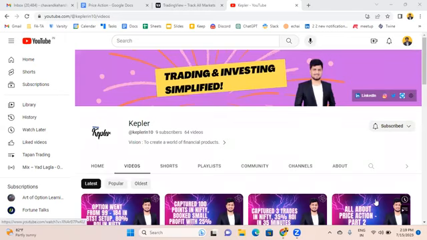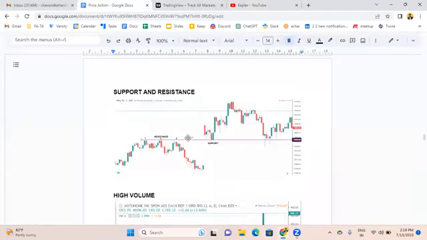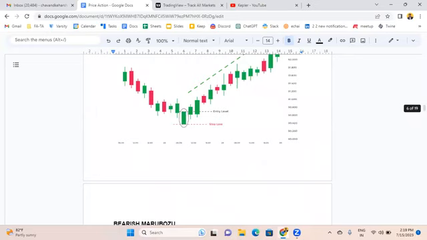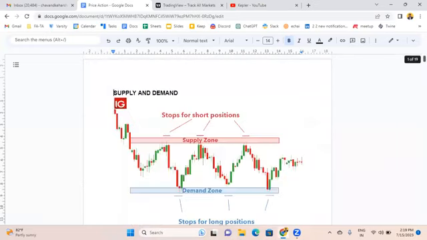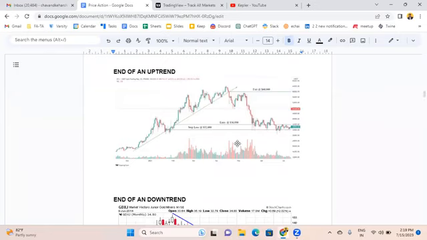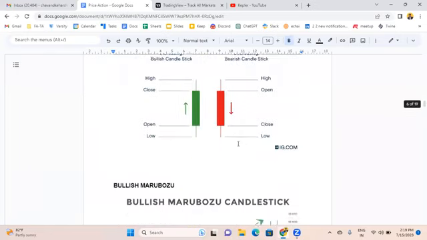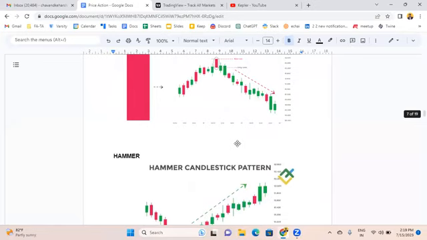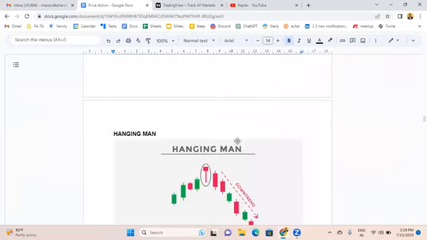So let's begin with today's session. In the last two sessions, we have seen a bunch of things, including types of trends, supply, demand, what is impulsive and corrective move, swing high, swing low, higher high, higher low, uptrend, downtrend, and sideways trend.